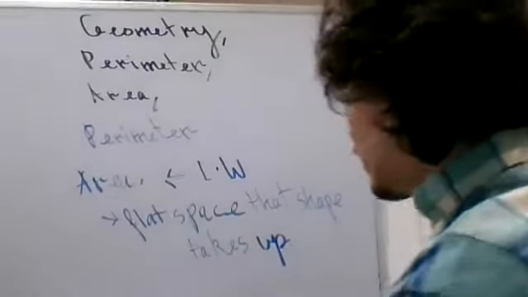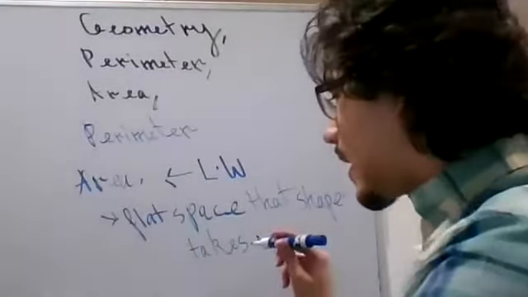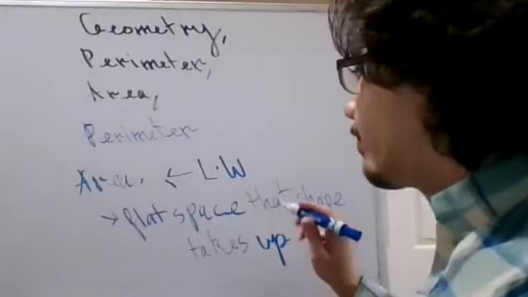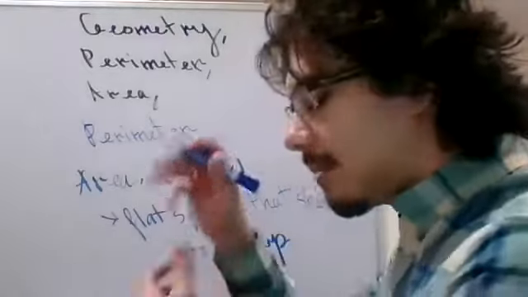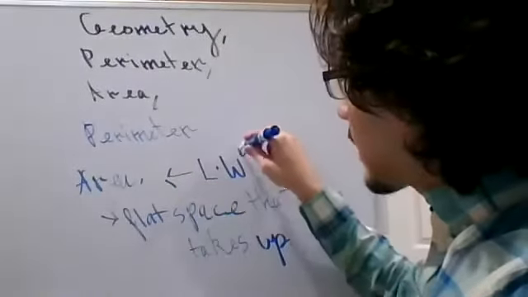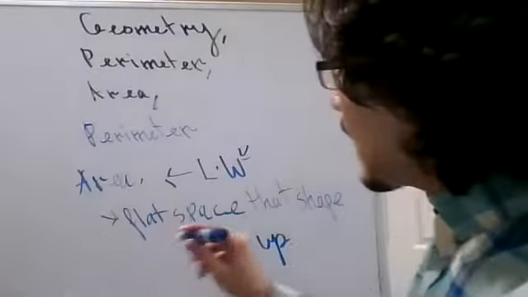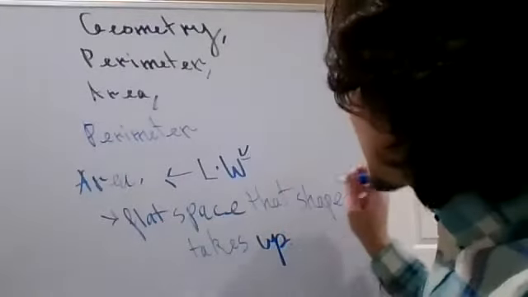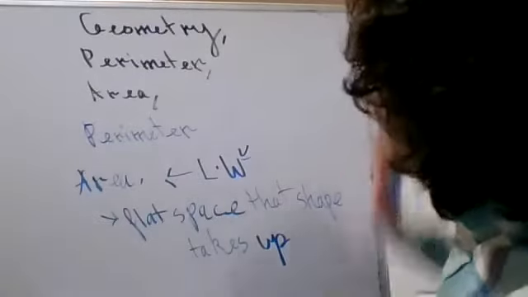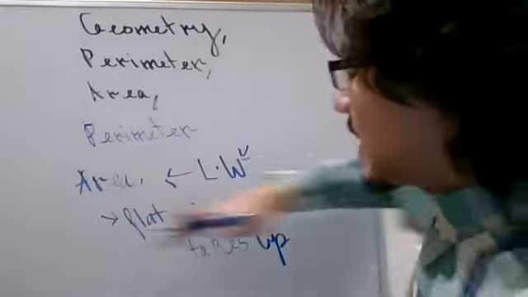Very good. The way that we describe space is by a measurement. Now, area refers to length times width. And a flat shape is two-dimensional, so it goes up and it goes to the side.